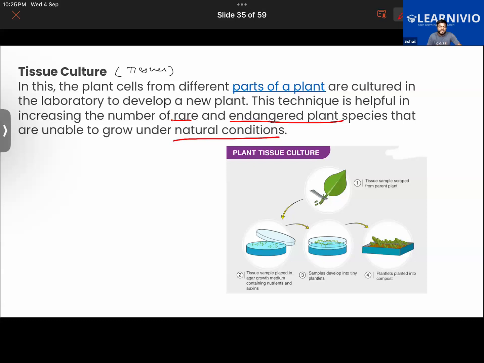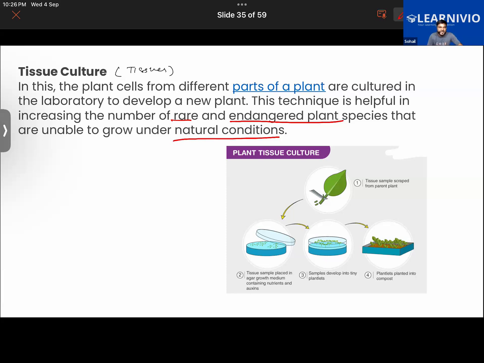Endangered plant species can be preserved via tissue culture. There are so many species of plants that are endangered. Their numbers are decreasing.